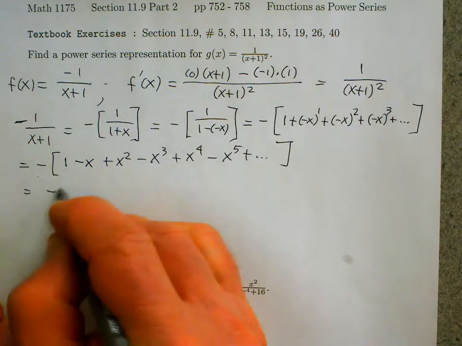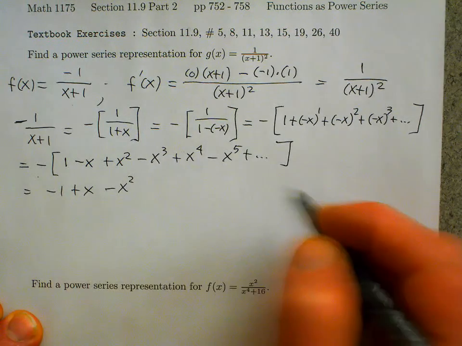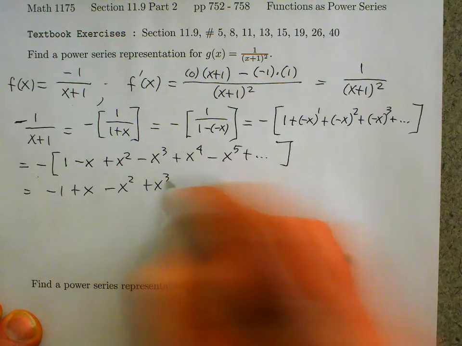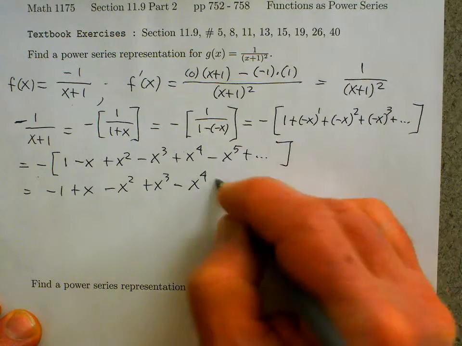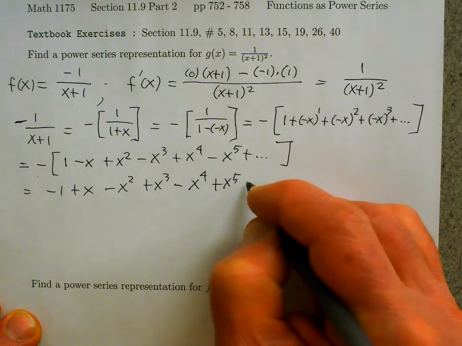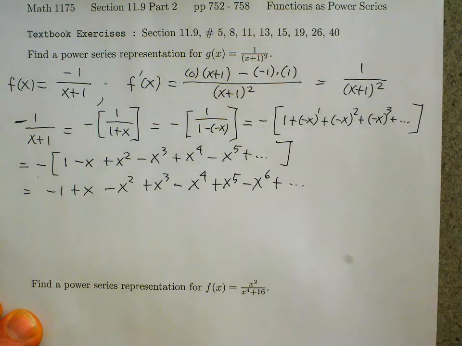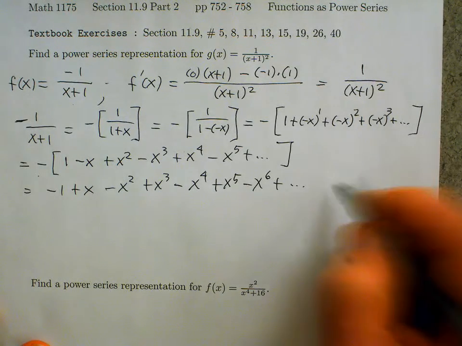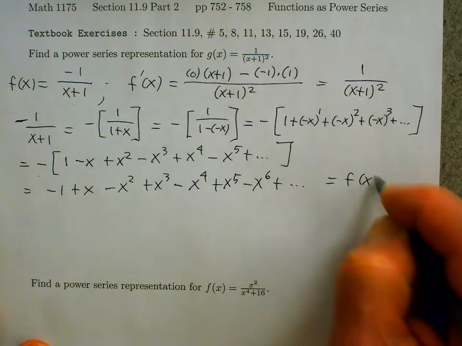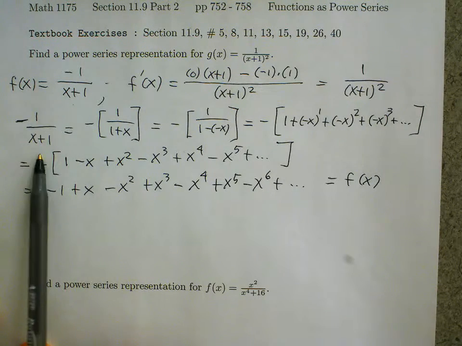So we get negative 1 plus x minus x squared plus x to the third minus x to the fourth plus x to the fifth, and so on. Okay, so this is what f of x is. F of x being negative 1 over x plus 1.